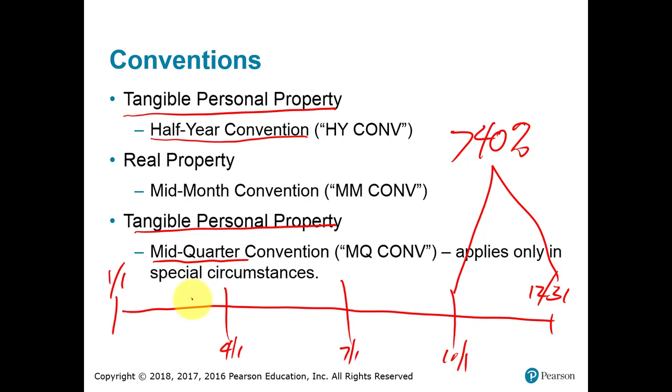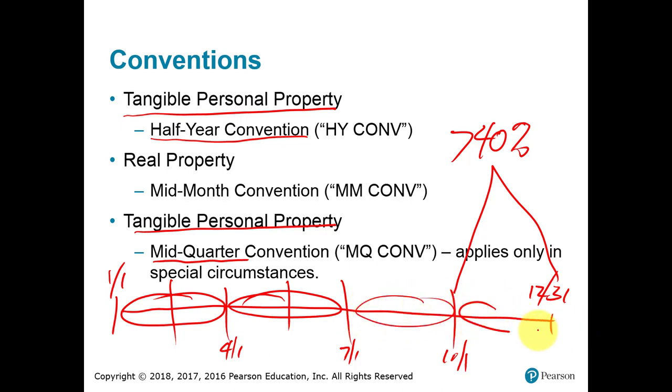So any assets placed into service in this first quarter are assumed to be depreciated from the middle of the quarter to the end of the year. Anything placed into service in the second quarter is assumed to be placed into service in the mid-quarter, to the end of the year, and likewise for all 4 quarters. So now, instead of assuming everything for the whole year is placed into service in the middle of the year, we have to divide up the placed in service assets by quarter, and have a calculation for each quarter.